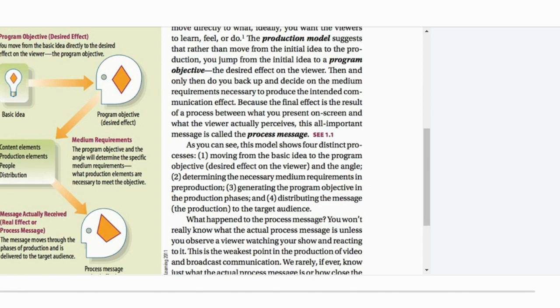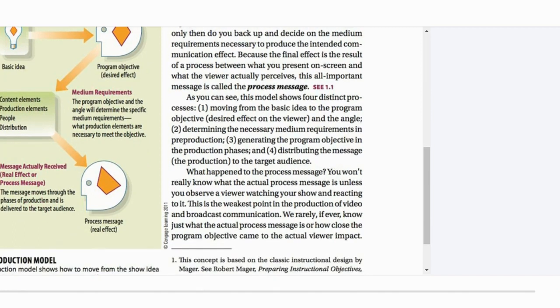And then you start to get into the script. And then as you're creating your script, you're going to be working on what are called medium requirements. So medium requirements, if you remember from the notes, deal with everything that's really not a script that comes before you actually start doing the work of filming.